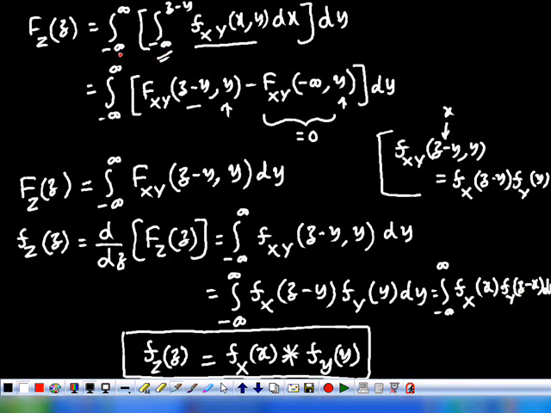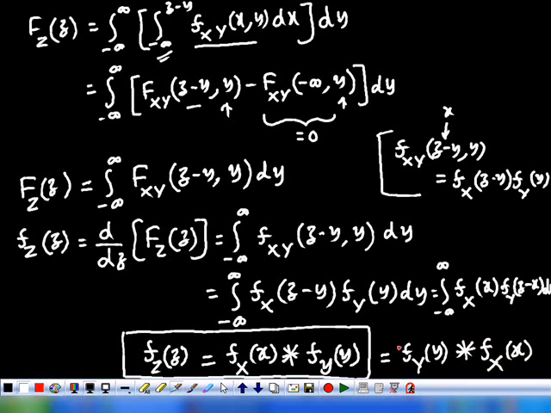For example, if you take it as plus infinity, minus infinity to z minus x, then you will get this expression. Right? What is this? This is f_Y(y) convolution with f_X(x). We already know that convolution is commutative. So f_X(x) convolution with f_Y(y) is equivalent to f_Y(y) convolution with f_X(x). Therefore, this can also be written in this way: f_Y(y) convolution with f_X(x).